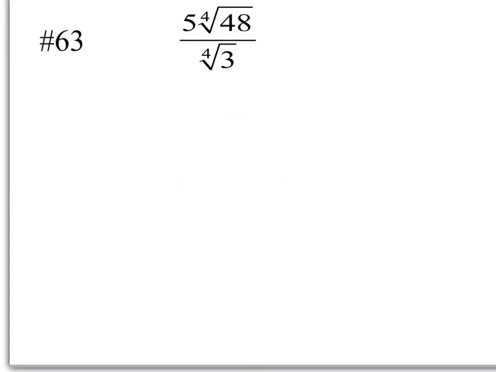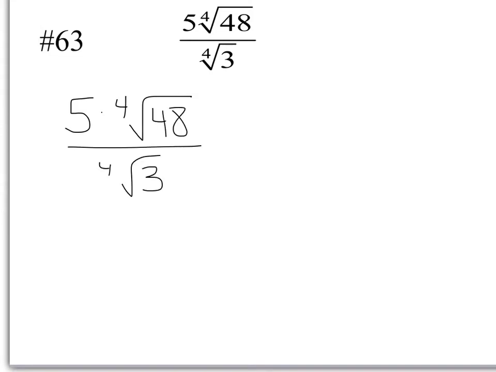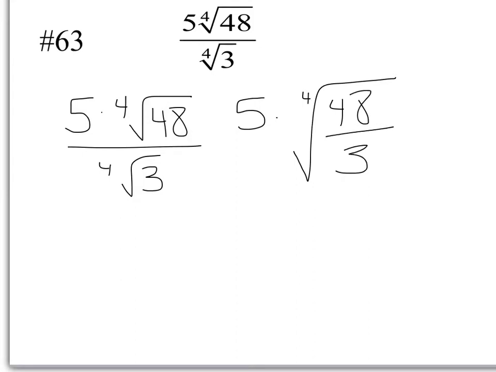Now, a problem like this is actually 5 times the fourth root of 48 over the fourth root of 3. So we can use our quotient rule for the fourth roots of 48 over 3. So we can make it 5 times the fourth root of 48 over 3.